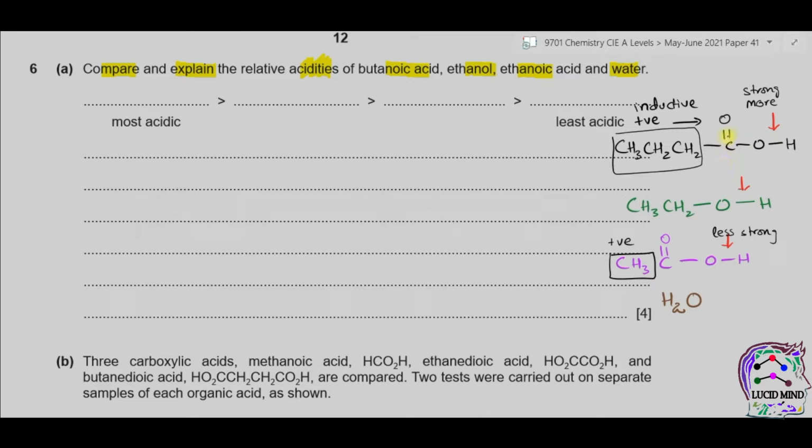In carboxylic acid we have a carbonyl carbon, and due to the negative inductive effect of this oxygen it can weaken the OH bond. But there is no carbonyl carbon or negative inductive effect in alcohol, so therefore alcohol is less acidic as compared to carboxylic acid. Now we can say that ethanoic acid is the strongest acid as there is less inductive effect as compared to butanoic acid.